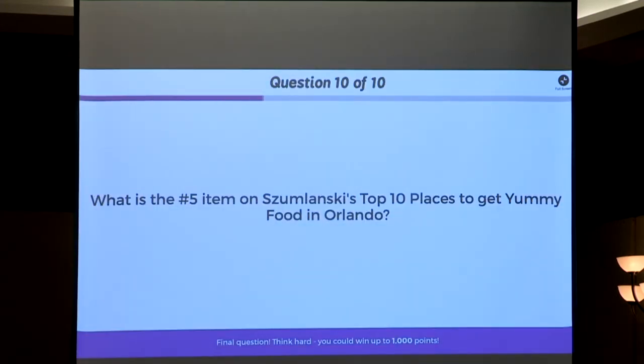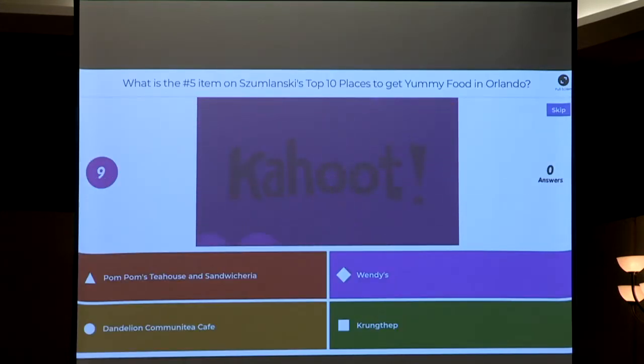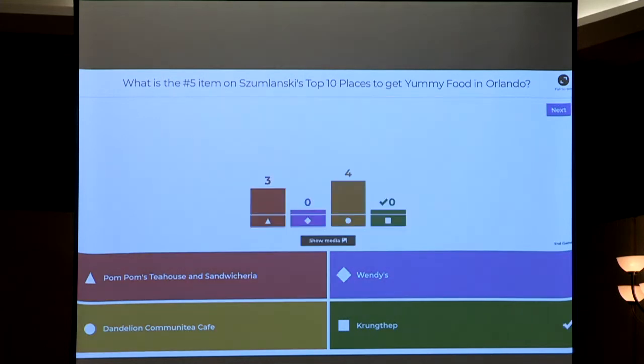All right, last question. What's number 5 on his top 10 places to get yummy food in Orlando? You all probably know the number 1, but what's the number 5? Would he ask that? I don't know. He probably would ask something about the number 1. He does that every semester. The Dandelion Community Cafe, that's like number 9 on his list or something.